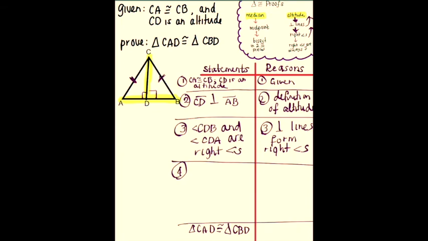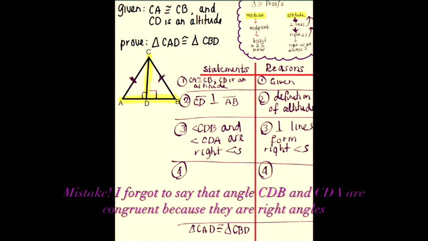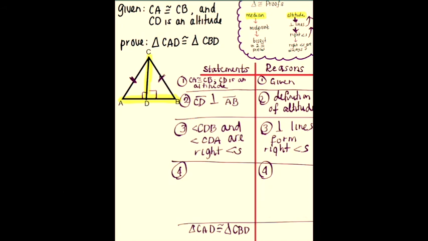Okay, step 4. So I use my given information to mark up my diagram, and then I use the given information to create new statements. So now the only thing that I can do is go back to my diagram and study it.